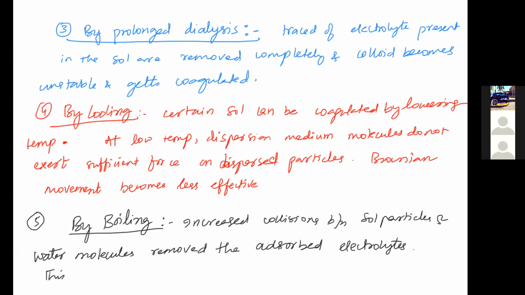This takes away the charge and helps them to coagulate. See clearly, what can you see from all of it? If you remove the charge from any solution by any means, we are able to let them coagulate.